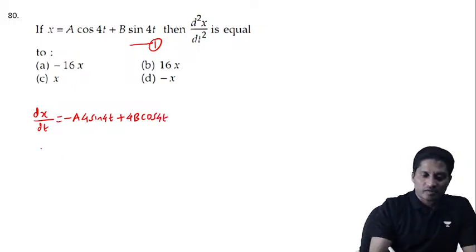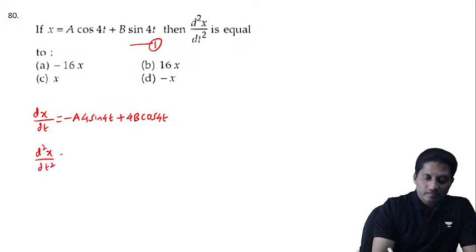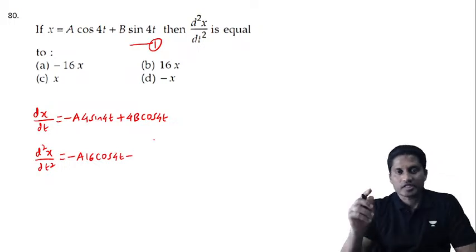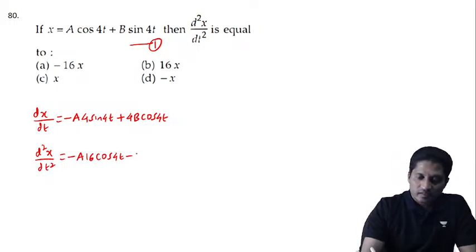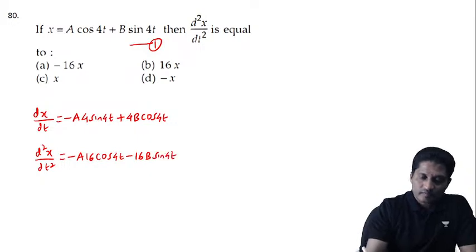Right, now if I differentiate once again, d square x by dt square is equal to minus a, 4 into 4 is 16, differentiation of cos 4t is minus sin 4t. Differentiation of sin 4t is 4 cos 4t. This is 16b and then cos 4t. I'm going to take minus 16 common.